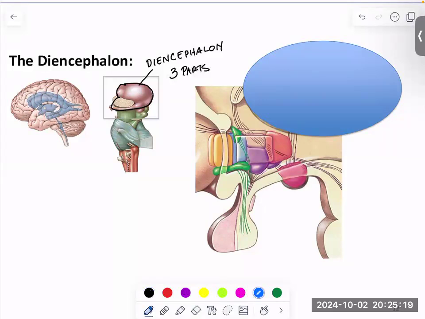Starting with the most central region, this region that I'm outlining in blue, this in blue is your thalamus.